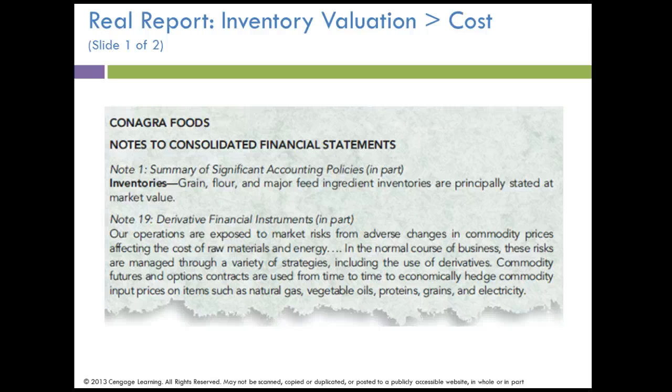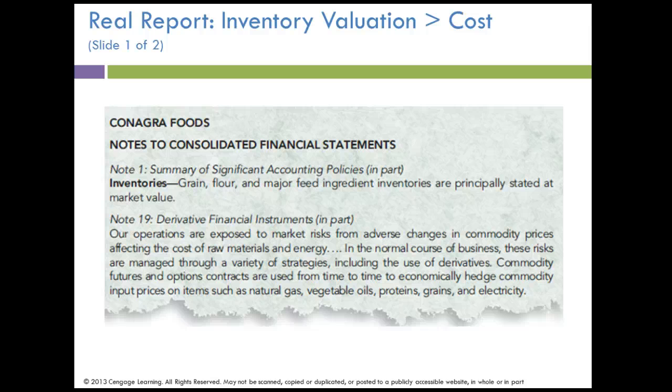Here's an example with ConAgra in their disclosures. Grain, flour, and major feed ingredient inventories are principally stated at market value. Our operations are exposed to market risks from adverse changes in commodity prices affecting the cost of raw materials and energy.